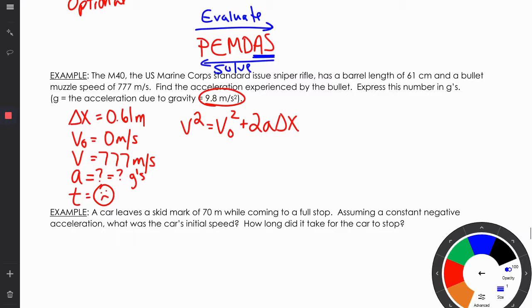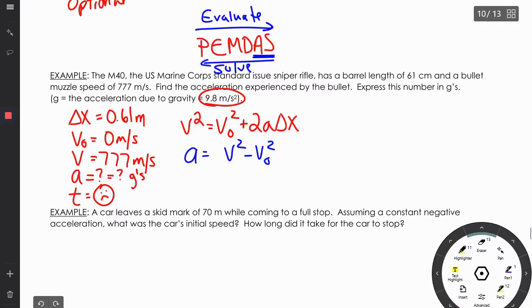So in actuality, the first step is I need to subtract this VO squared over. One step that's easier, one thing you can do is VO squared is 0. Oh, sorry, I just erased all that stuff that I just wrote.